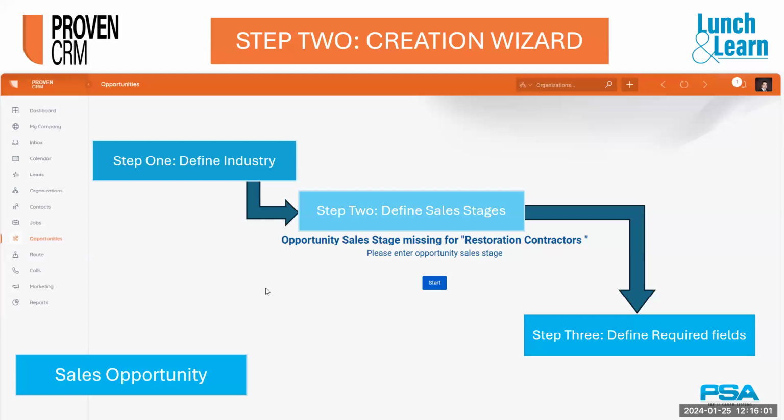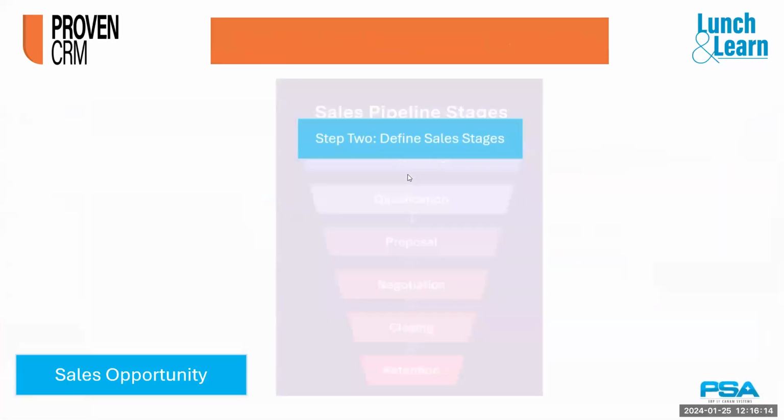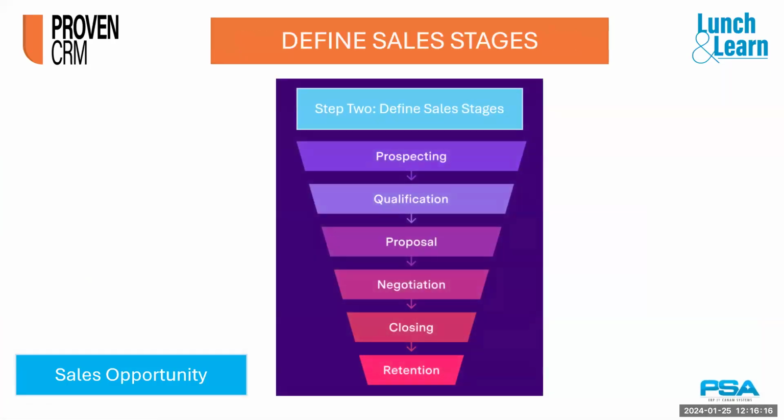And within those steps, we can now define required fields that say you can't move from step 1 to step 2 until you have that information in the system. And again, there's no right or wrong answer to this. So you can come in here and define all of those different steps inside of your pipelines, and each one can be unique to the industry that it belongs to.